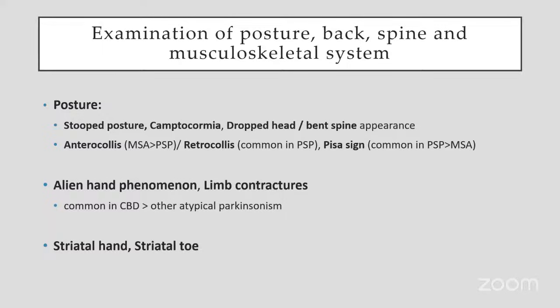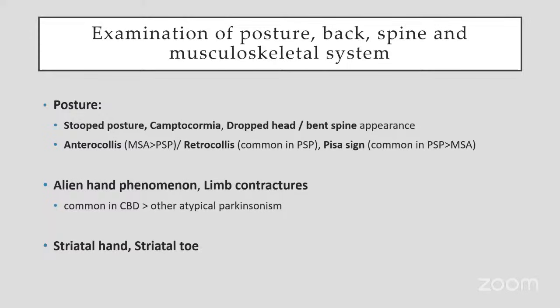Then the alien limb phenomenon or limb contracture. Usually in CBD patients, they may have dystonia and this alien limb phenomenon. The alien limb can be frontal, parietal, or callosal, which is commonly seen in CBD.